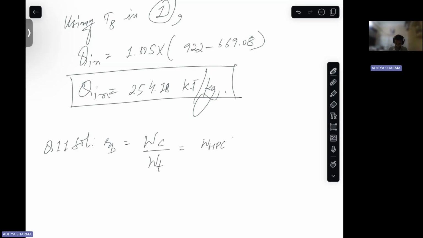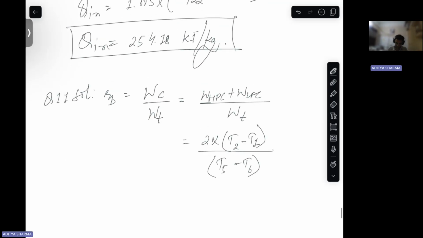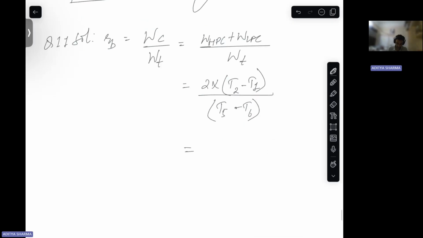So for both the compressors, T2 minus T1 divided by T5 minus T6. T2 minus T1 is for your first compressor and then multiplied by 2. And T5 minus T6 is for your turbine. In single step, the expansion is taking place.